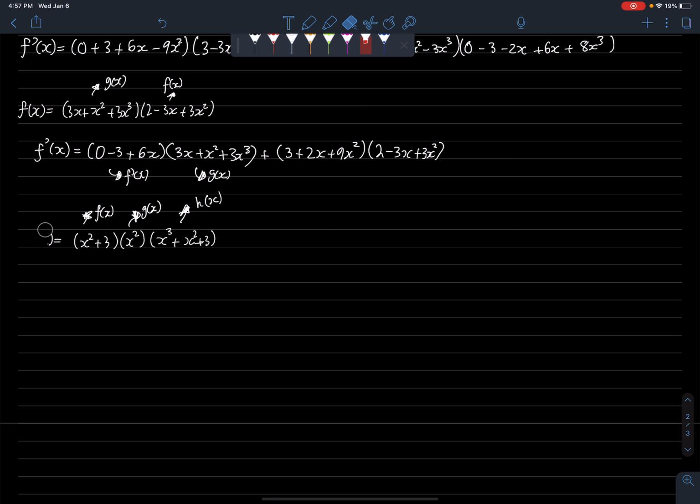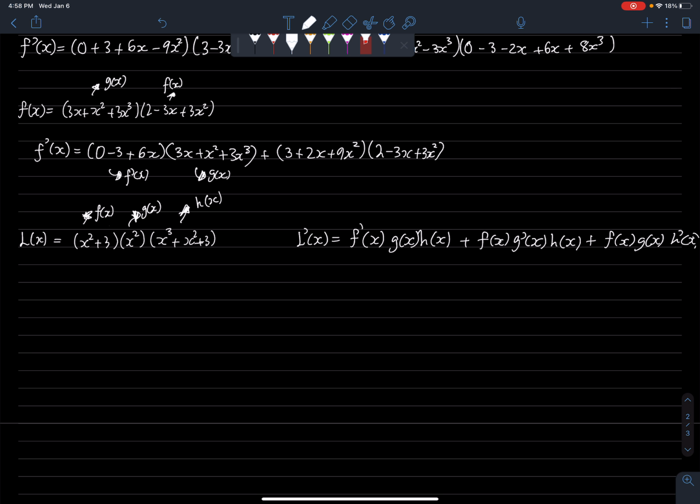Okay, and we won't say this is f of x because we already used that. We'll say this is L of x. Right, okay. So now the derivative function of L of x will be f prime of x times g of x times h of x plus f of x times g prime of x times h of x plus f of x times g of x times h prime of x.